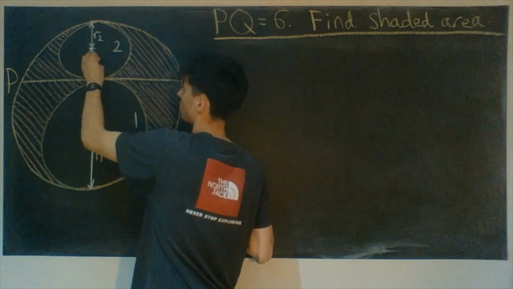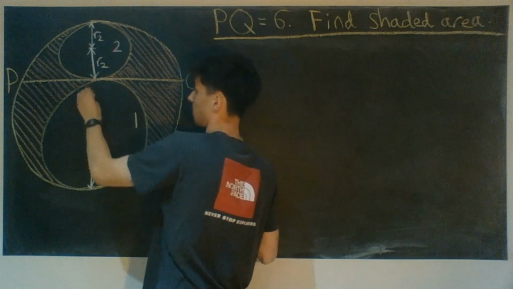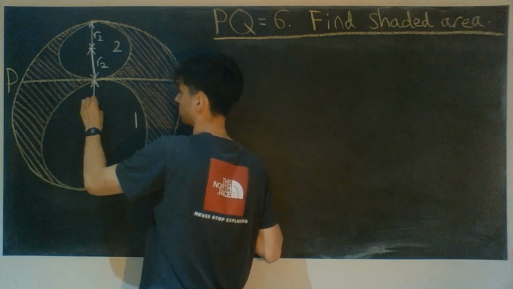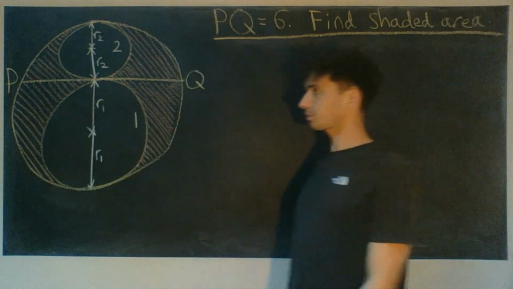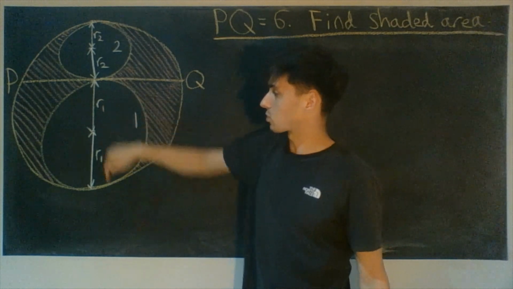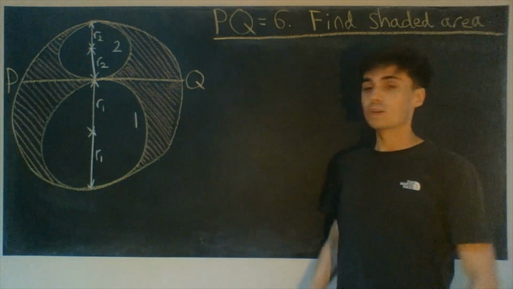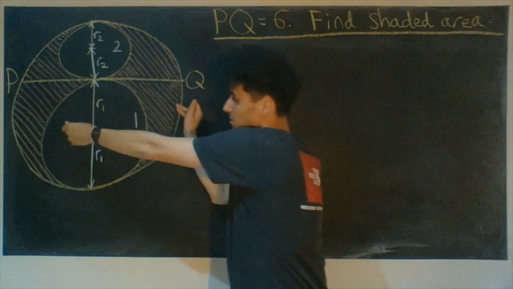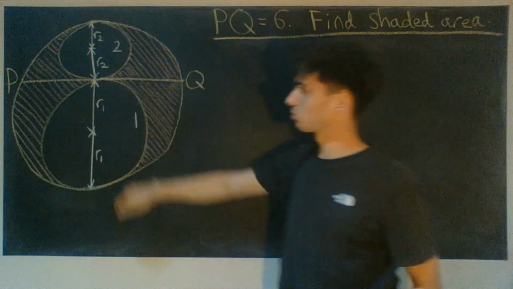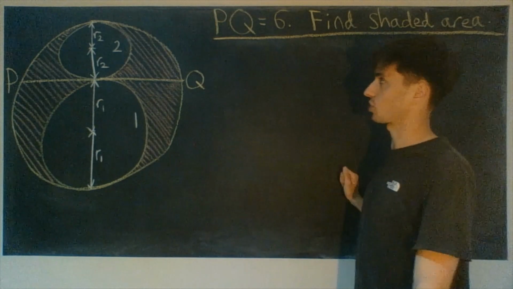So this is another version of R2. And this length here is another R1. So what we've got is 2 lots of R2 and 2 lots of R1. If we think about this, it has to be symmetrical. So these together form a diameter for the larger circle.